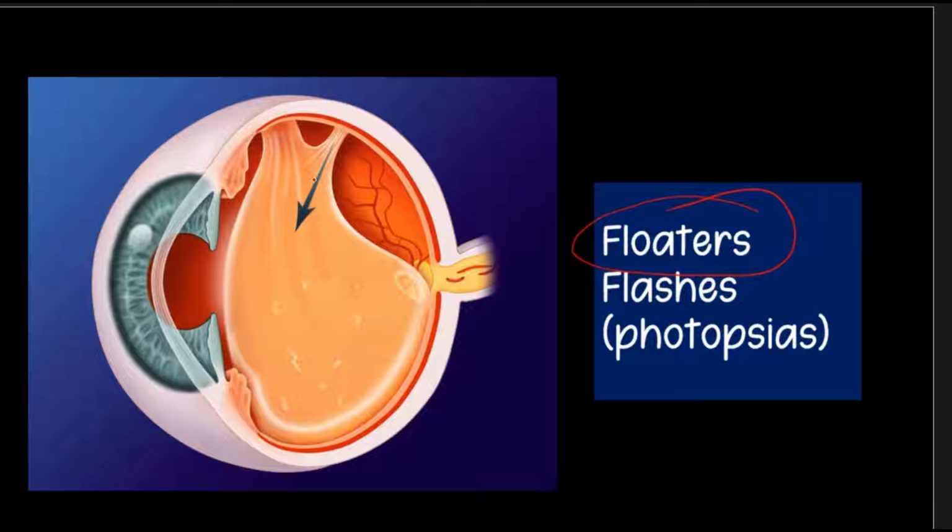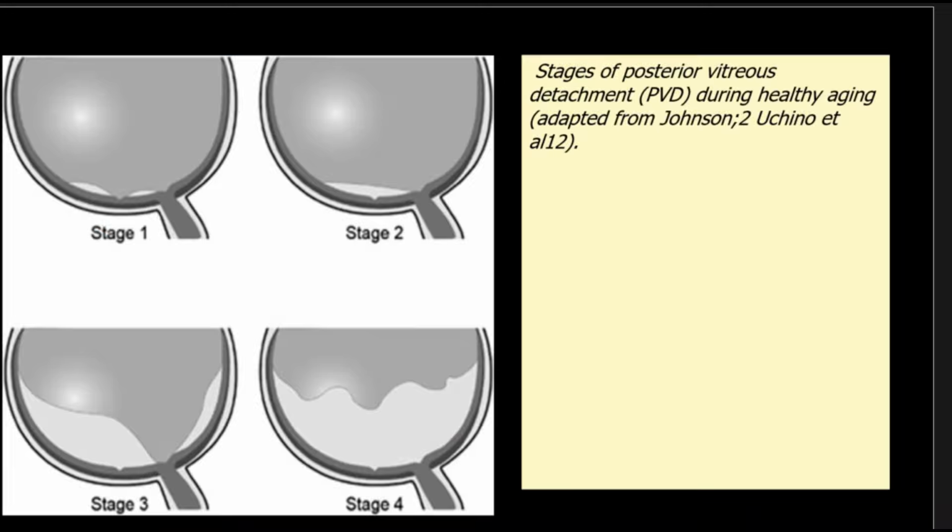Gradually, the vitreous pockets start collapsing, and the vitreous condenses and starts separating from the retina. At some points it causes localized traction or pull on the retina, and as the vitreous pulls on the retina, the patient experiences flashes of light, also referred to as photopsias.